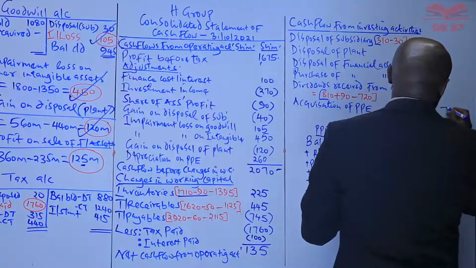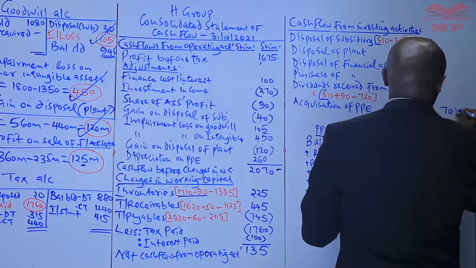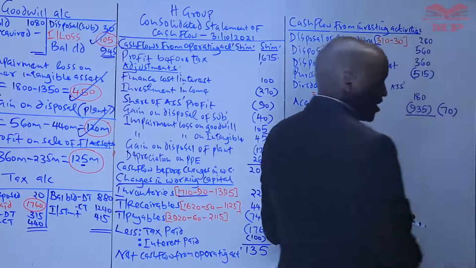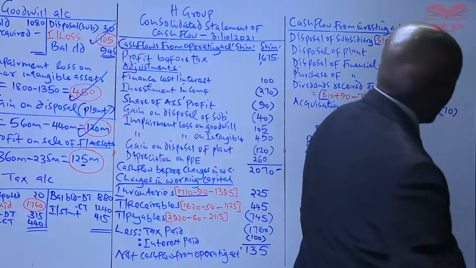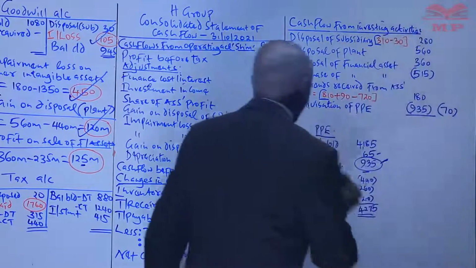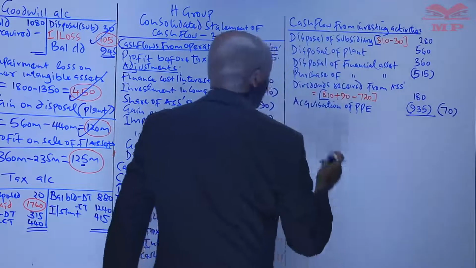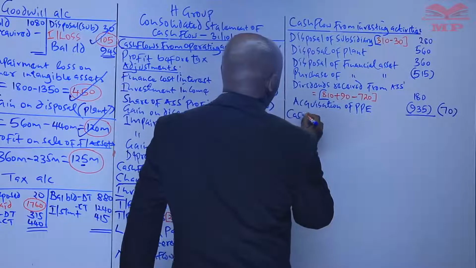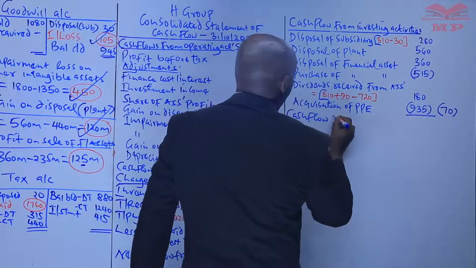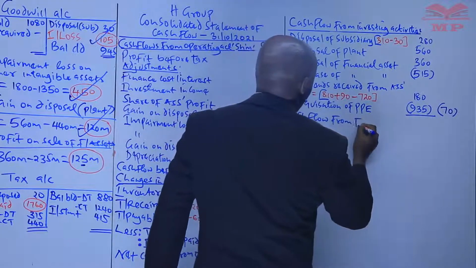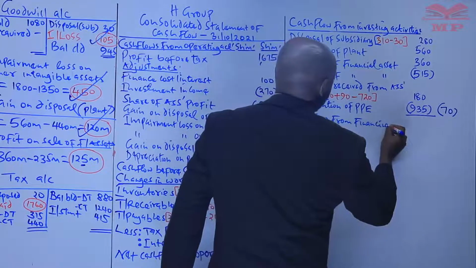That will give us a net cash outflow of 70. So now we can do away with this one. And finally, what we need to do is to determine the cash flow from financing.